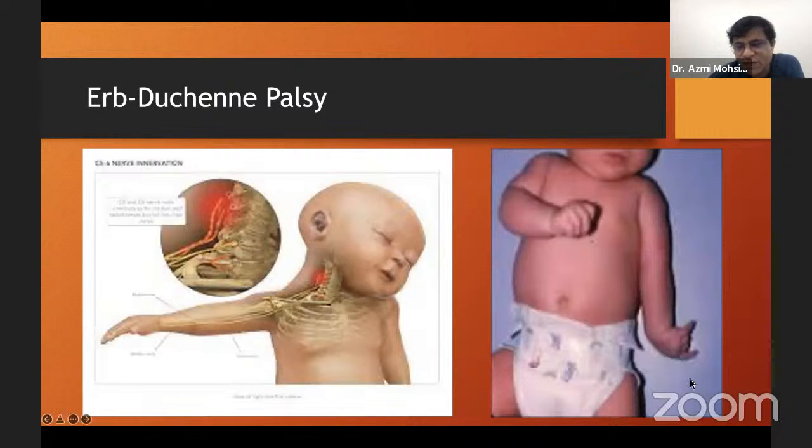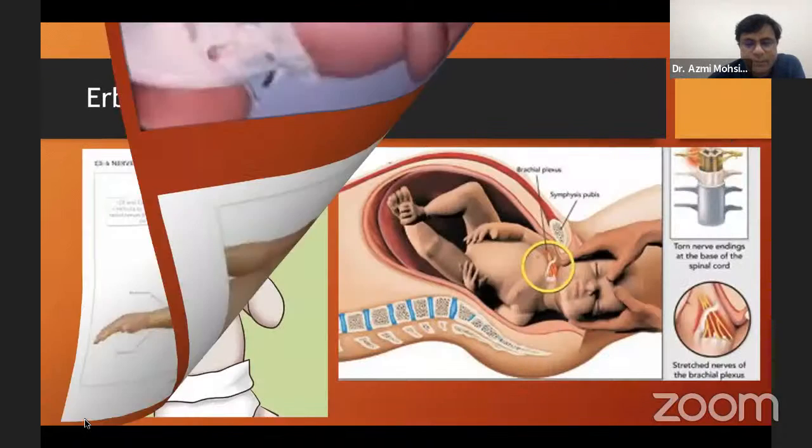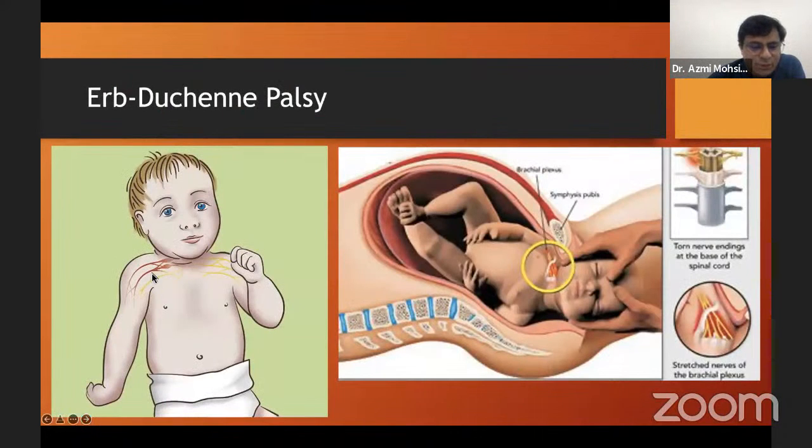This position of the hand is called porter's tip hand or policeman's tip deformity. That's Erb's paralysis. So this is the deformity you can see because of the injury to the upper trunk.